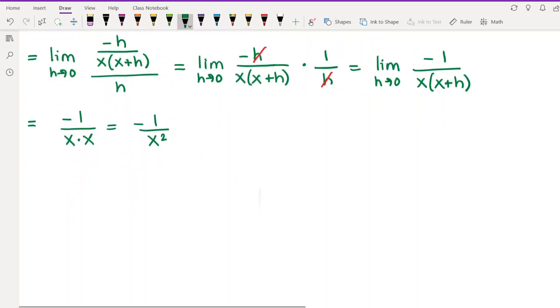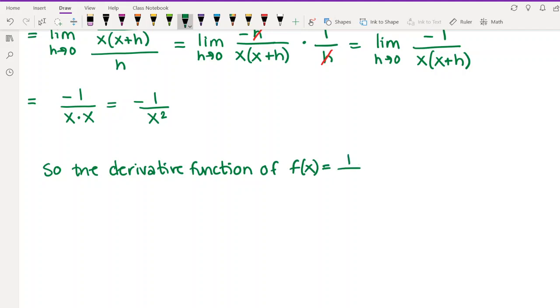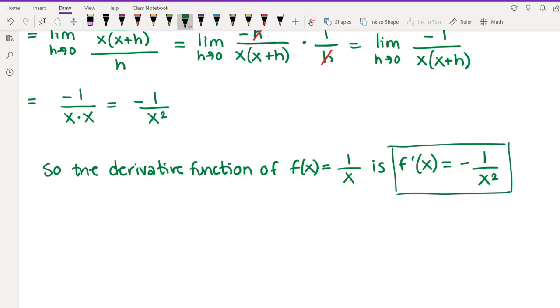What this tells us is that the derivative function of f of x equals 1 over x is f prime of x equals negative 1 over x squared.